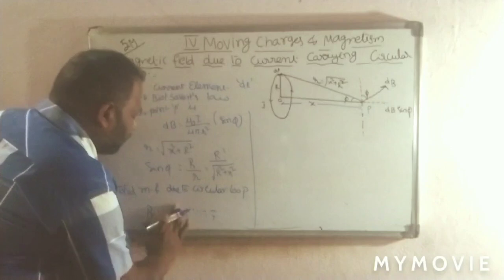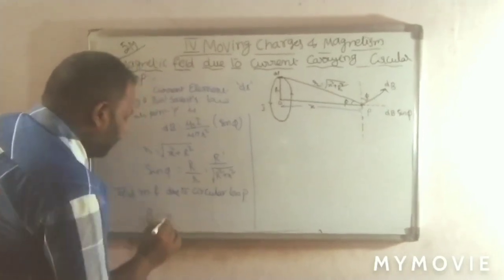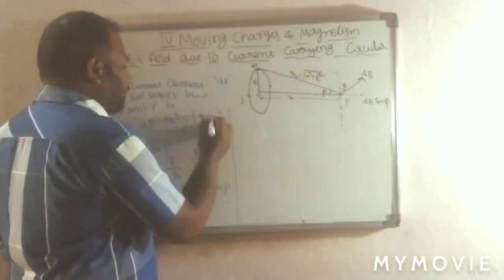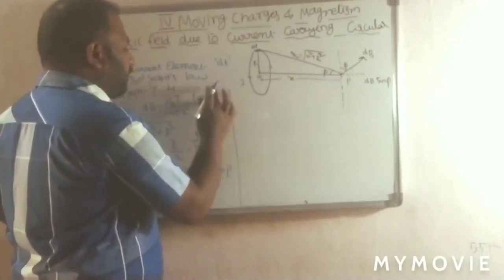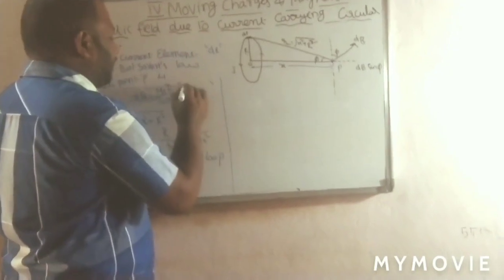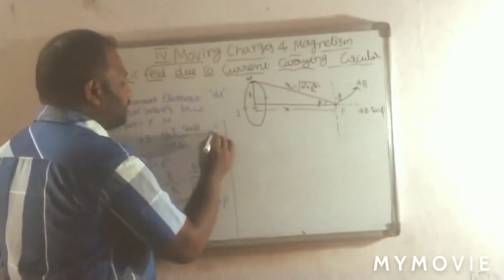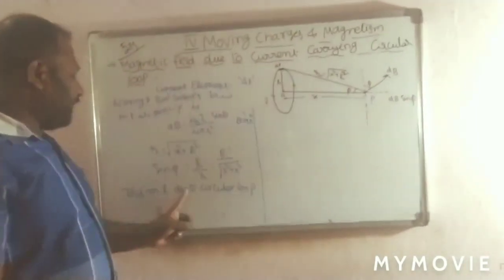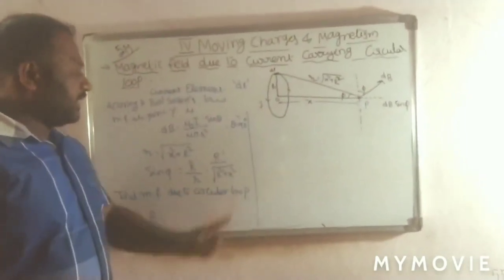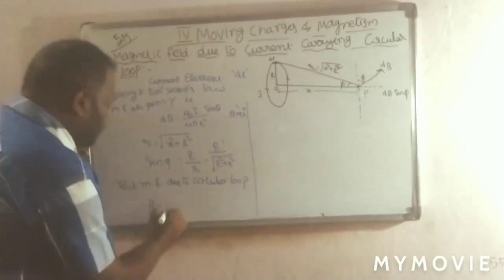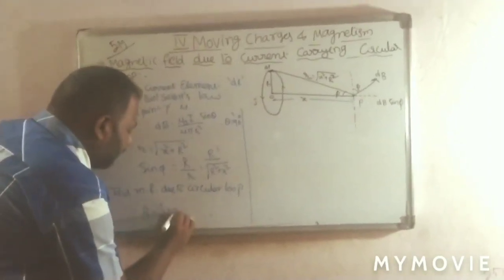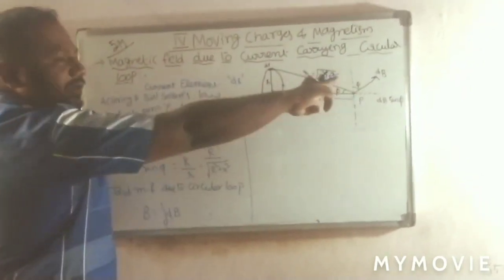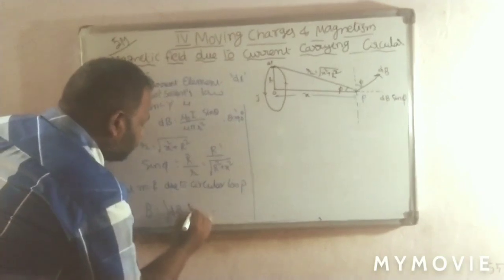According to Biot-Savart's law, mu naught I by 4 pi r square, with sin theta, but theta is equal to 90 degrees. Remember this point. The total magnetic field is integral dB, and only the sin phi component exists.